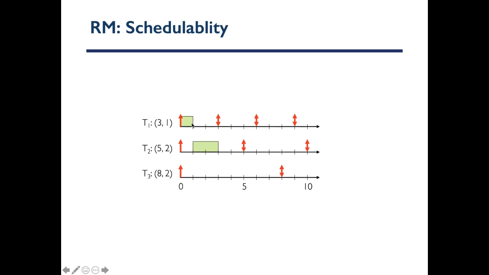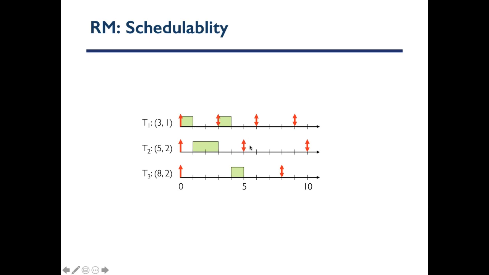Then at this point, T2 and T3 have jobs, and T1 doesn't have any job, so we run 2 units of T2's job. Then at this point, T1 has a job, so we have to run T1's job. And then we go back. Now we're done with T1 and T2, so for T3 we can run 1 unit.